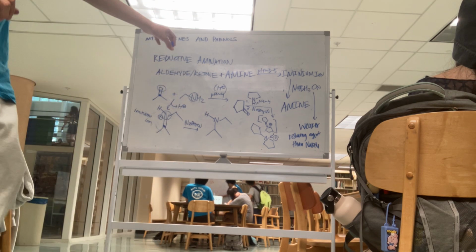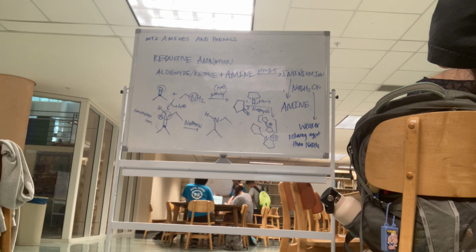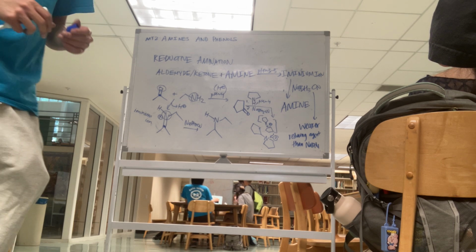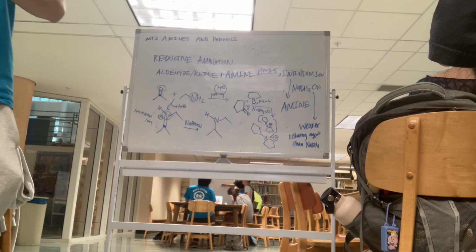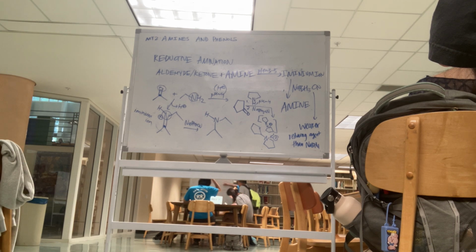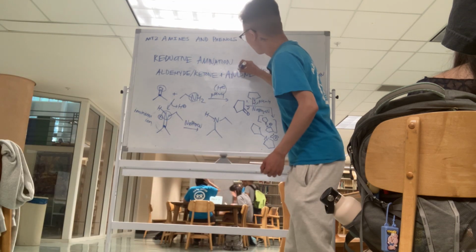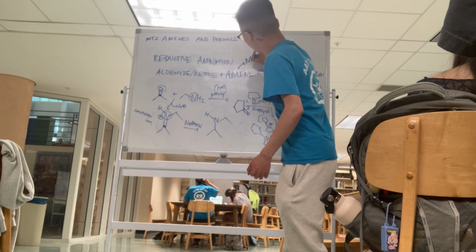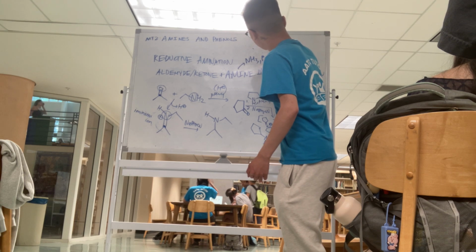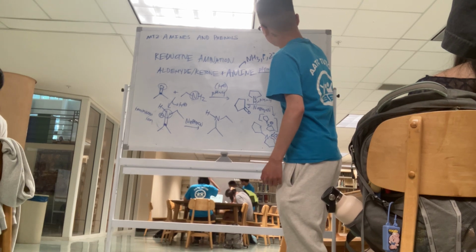This won't work with the tertiary amine because, this only works with primary and secondary, and ammonia. Right. Ammonia, primary and secondary amine. Ammonia is like no R groups. So would you say reductive amination is only for ammonia, NH3, primary, secondary amine?